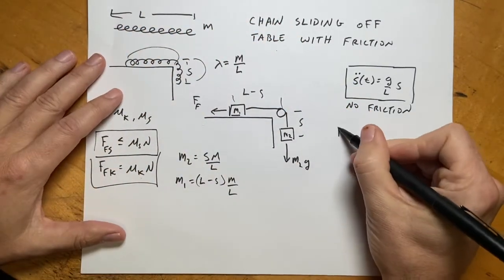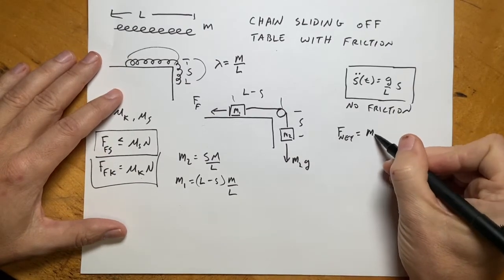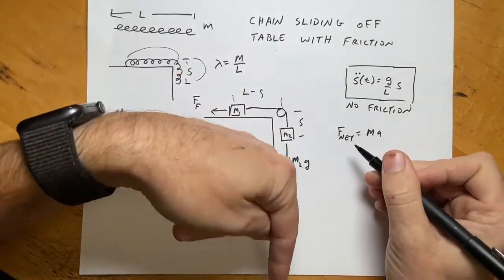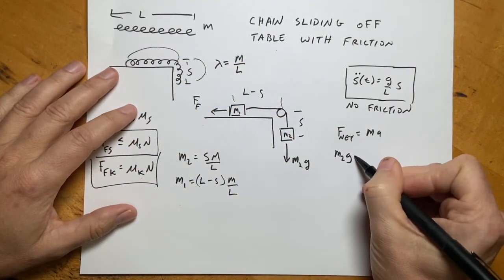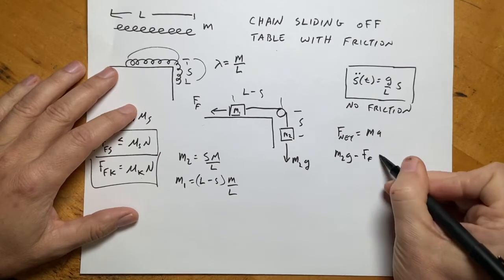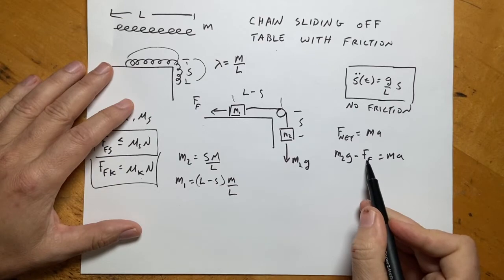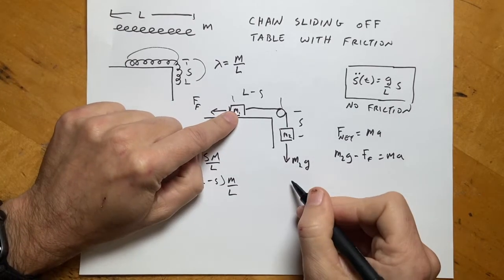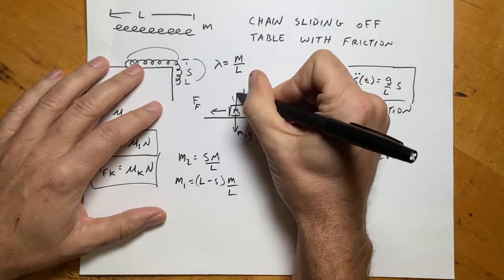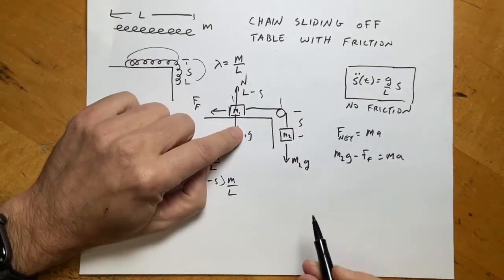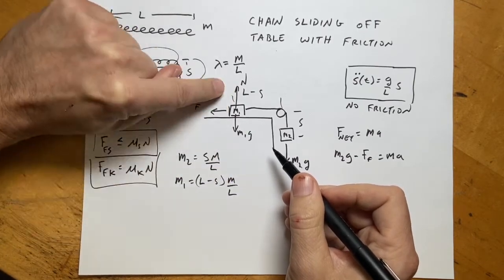So I can say F net equals ma, and let's say it's accelerating this way, so the net force is m2g minus the friction force equals ma. Now this friction force depends on the normal force. I have a gravitational force pulling down and a normal force pulling up, and those have to balance because the box doesn't accelerate up or down.